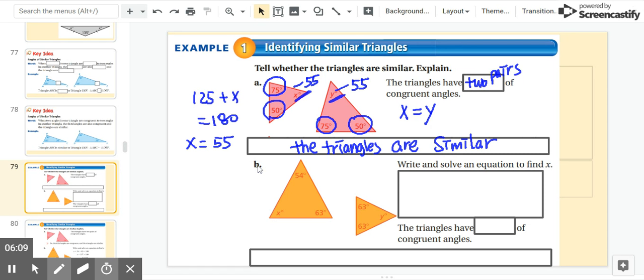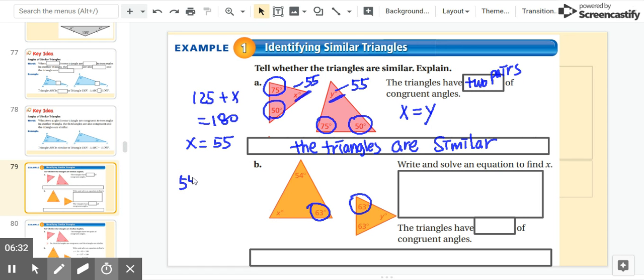All right, what about B? We have 54, 63. 63 and 63. We only have a pair. In this kind of question, you have to find x and y and check if all angles are congruent.